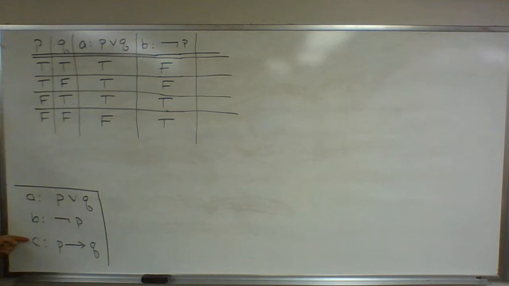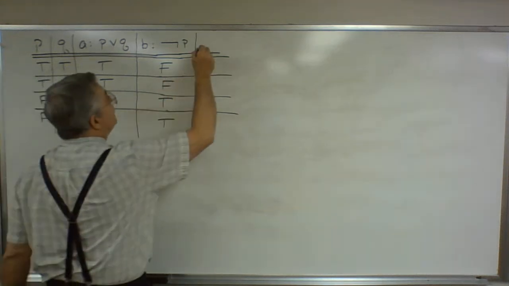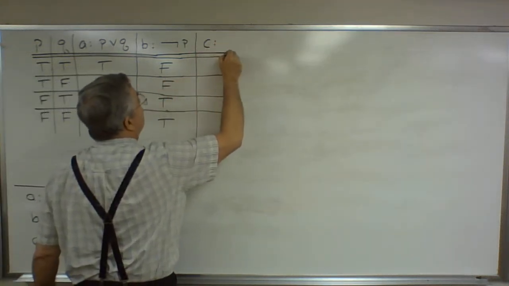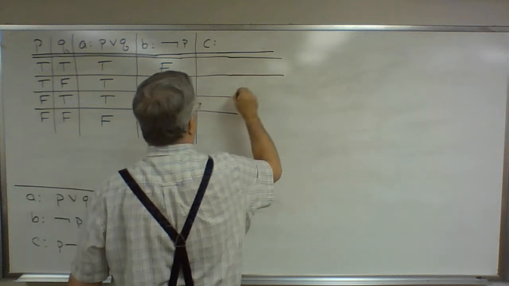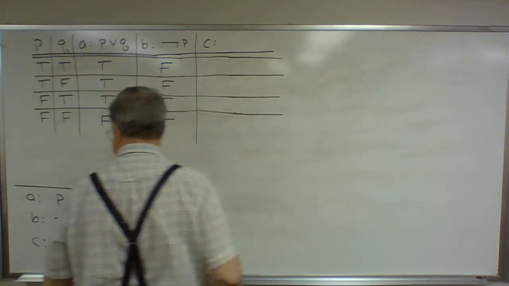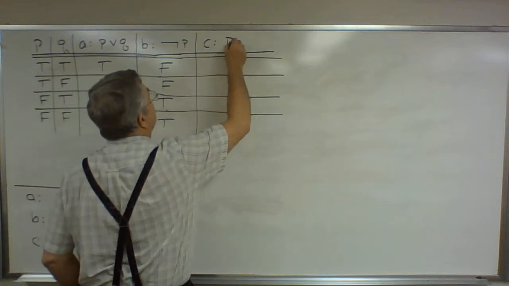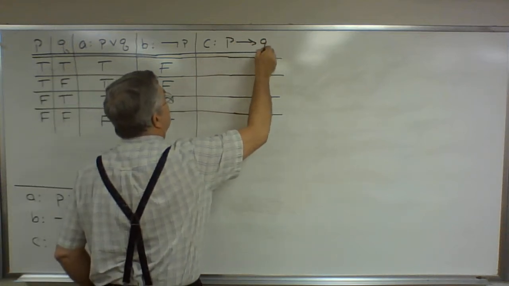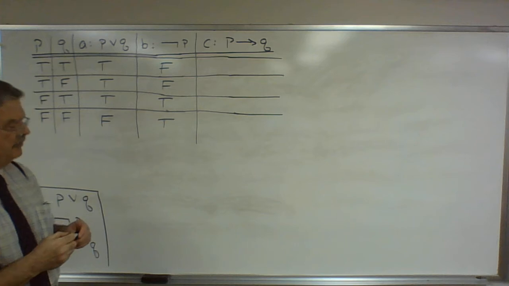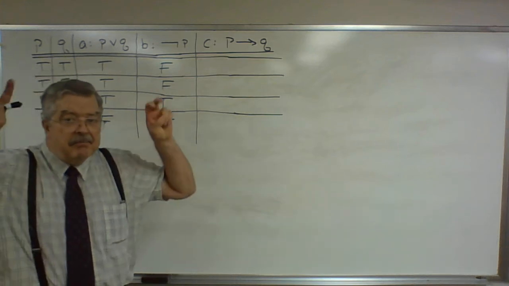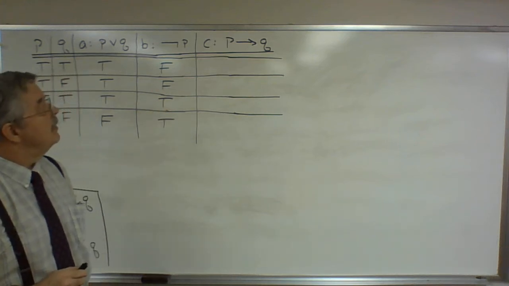And our last condition, C. Condition C is that P implies Q. This is an if-then, or an implies statement.